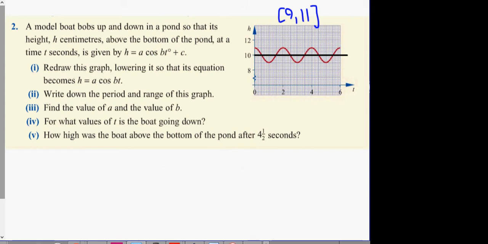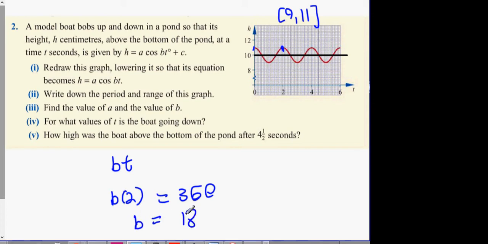So basically B times 2 has to represent 360. The reason for that is because it takes 2 seconds to do a full revolution. This means that B times 2 is 360, so B is 180 degrees. Is that the answer in the back? B equals 180.